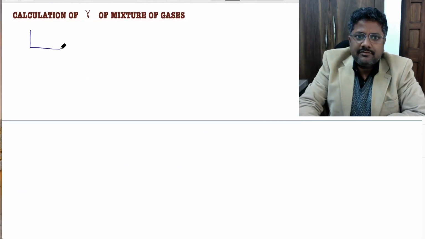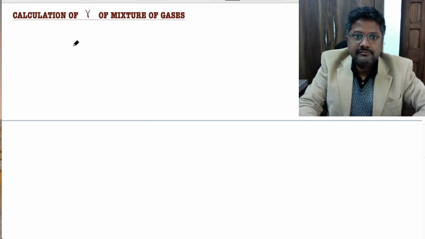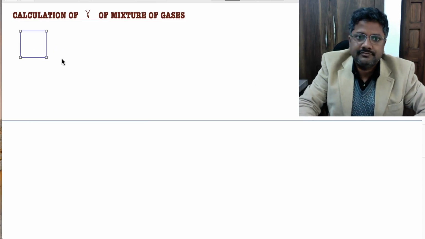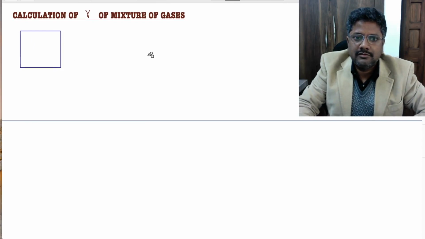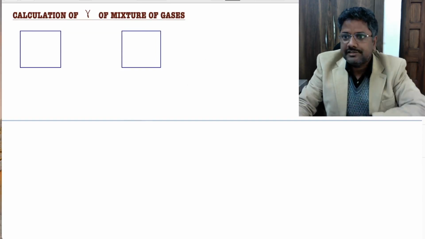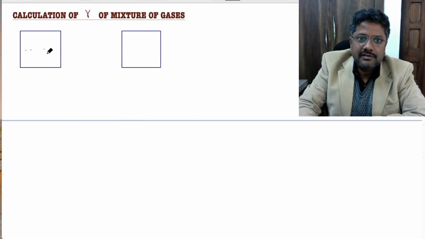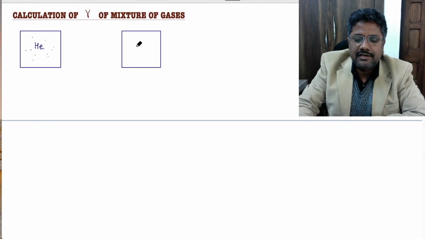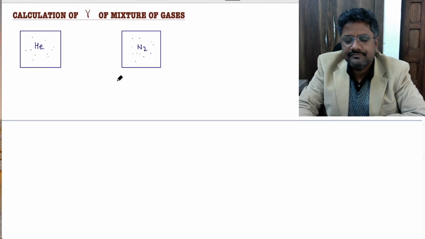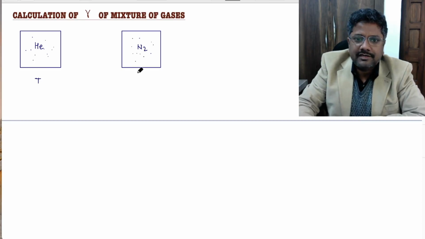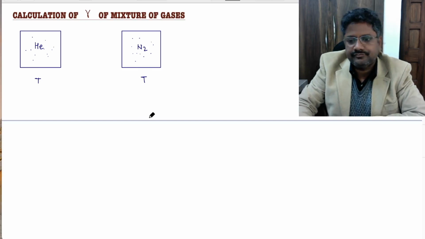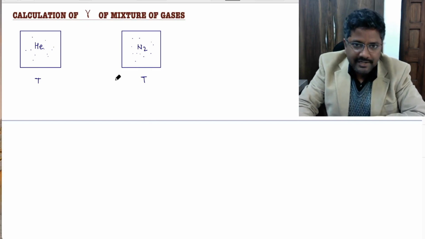Suppose you have a system like this. Here you have helium, a monoatomic gas, and here you have nitrogen, a diatomic gas. Suppose both are kept at temperature T, and the behavior of both is ideal.